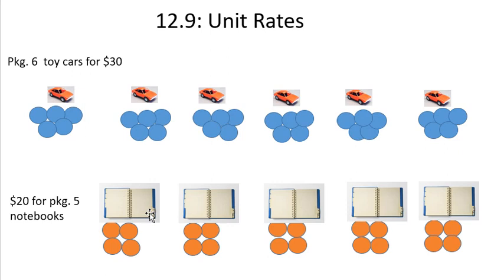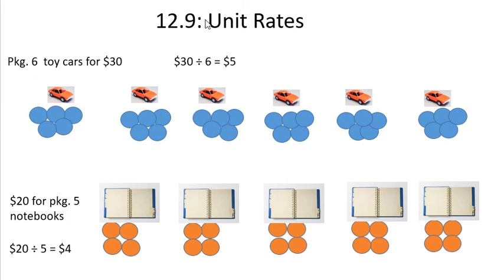I'd also like to point out once again, it doesn't mean that you pay $4 for one notebook if you only wanted to buy one. It means if you buy a package of 5 notebooks, each individual cost will come to $4 each.